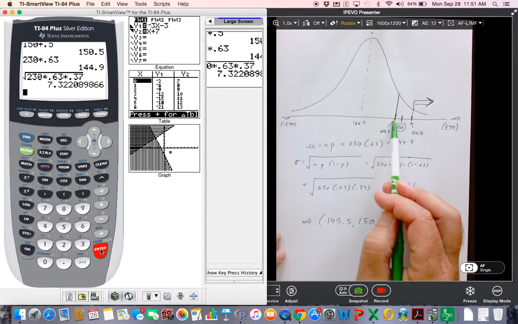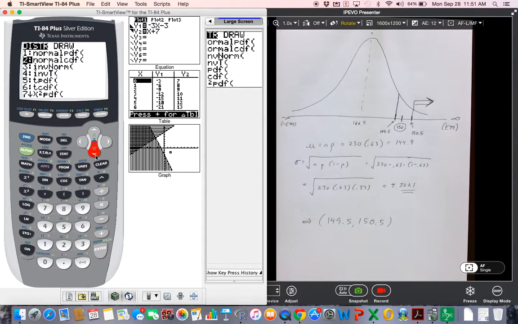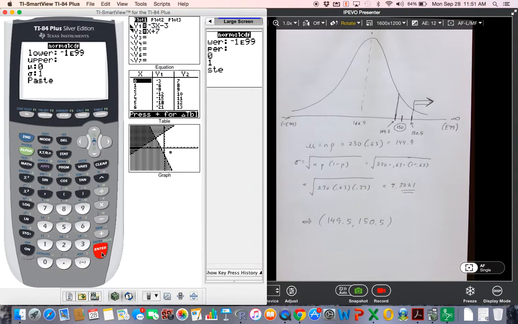Okay? So guys, on our calculator over here, we're going to go to distribution, normal CDF. Since we want upper, we're going to run this thing from 150.5 up to E99. With a mean of, I'm just going to type this in.